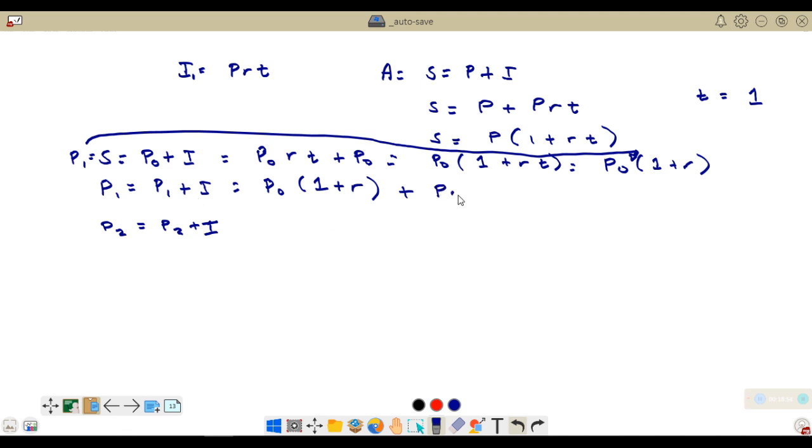So, that is P sub 1 times R. Which is equal to, may common tayo dito, na P sub 0. So, P sub 0 times 1 plus R times 1 plus R. So, dito, you will have P sub 0 times 1 plus 2R plus R squared.